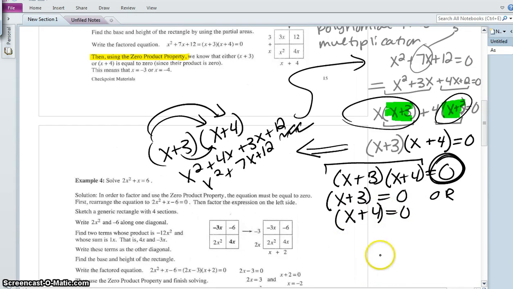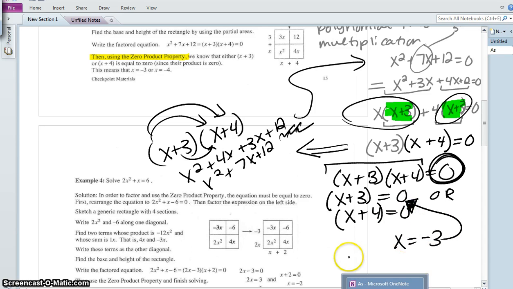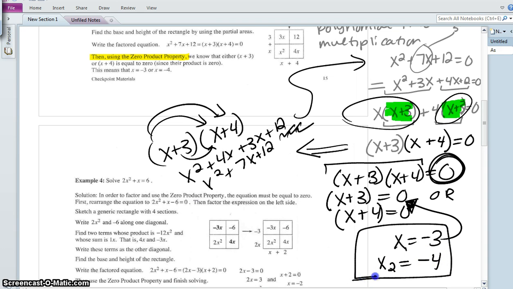And that happens when x equals negative 3, right? If I subtract 3 from both sides, I have x equals negative 3. And that happens when x equals negative 4. So I have 2 x values that make this true.